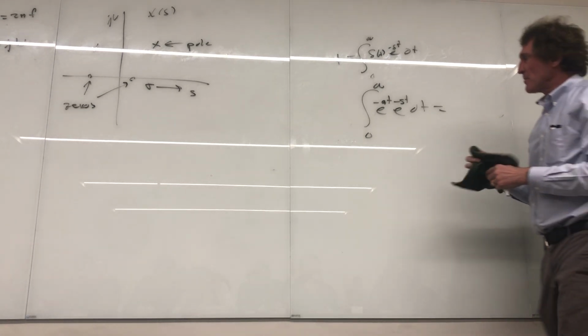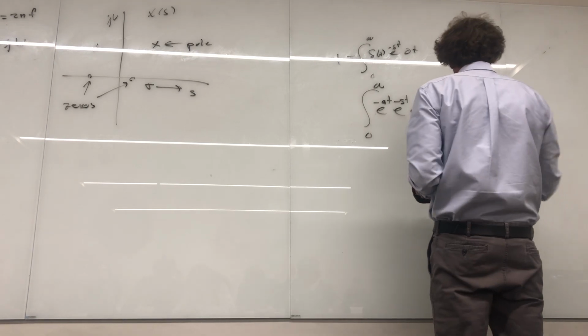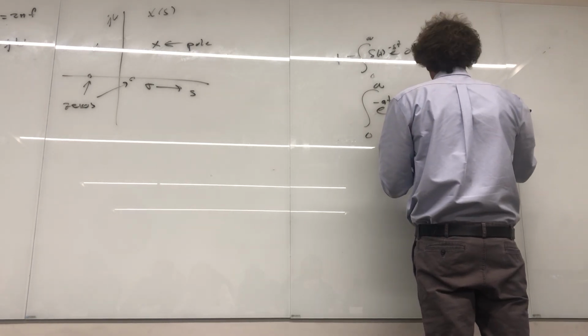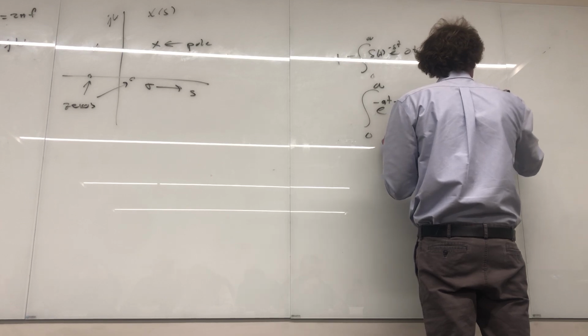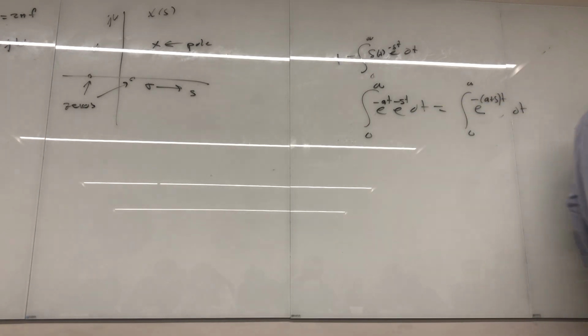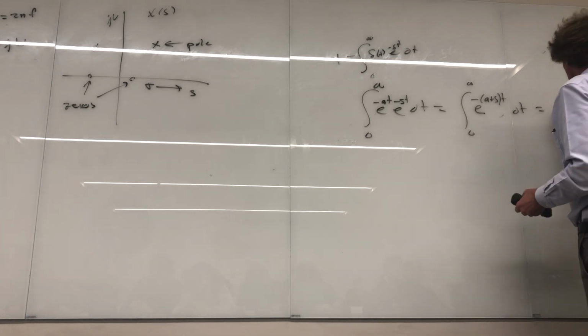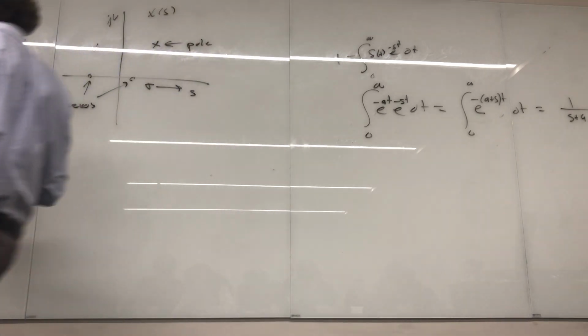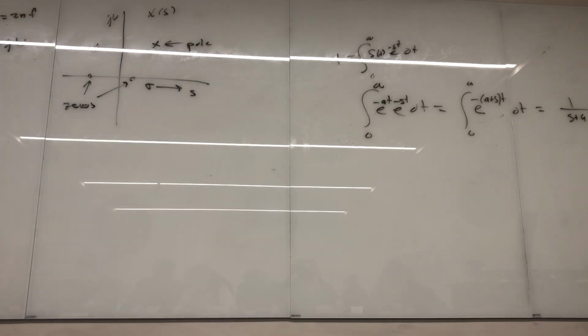So now what I'm going to get is the integral from 0 to infinity of e to the minus quantity a plus s, t dt. And if you look at that for a second, the a plus s looks just like the s in the prior integral, doesn't it? So it just becomes 1 over s plus a.